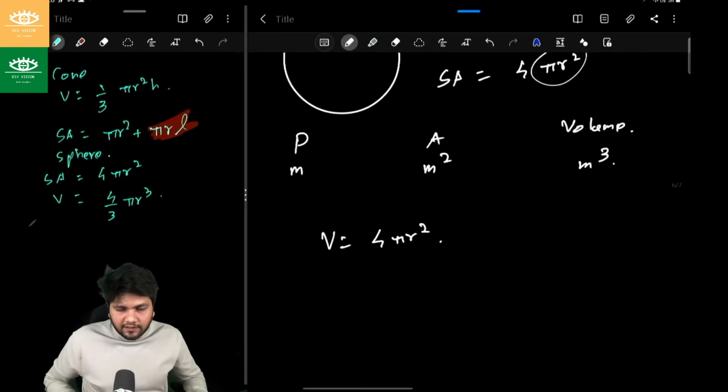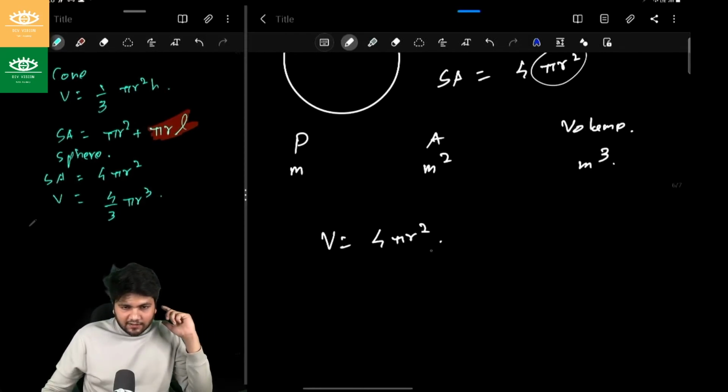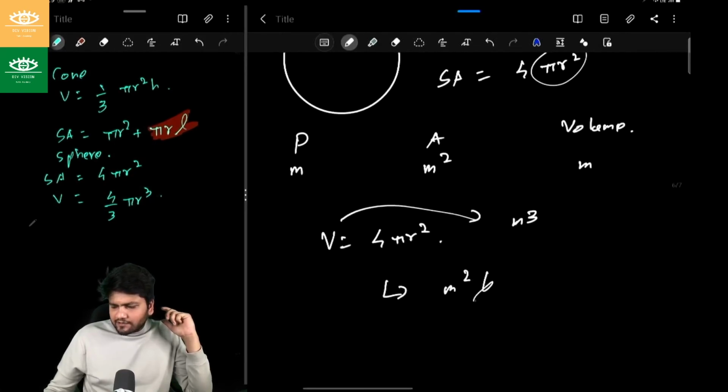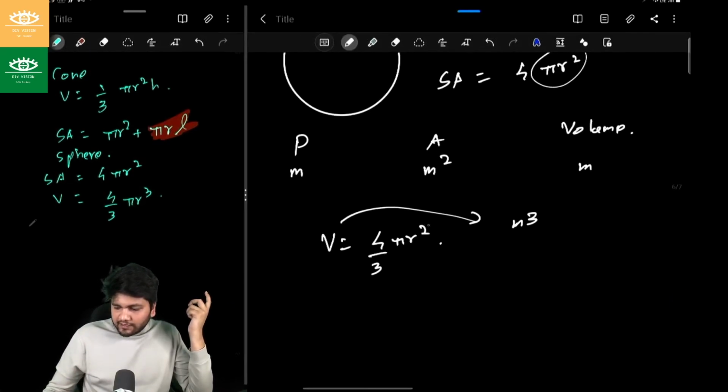I'll just see whether my units are getting satisfied or not. Volume is always in meter cube, but here pi is a constant and radius square, so my answer is coming in meter square, which is absolutely wrong. I had to get meter cube. That's why my formula is wrong, so it's going to be 4 by 3 pi r cube.